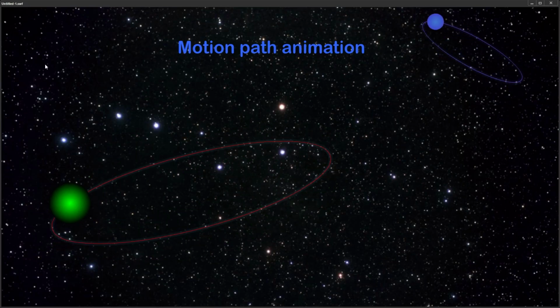Okay, so you can rotate, you can move objects along paths, and suppose motorbikes, cars, anything, you draw whatever path you want. On the path, your vehicles, your objects can move automatically by using this motion path animation.